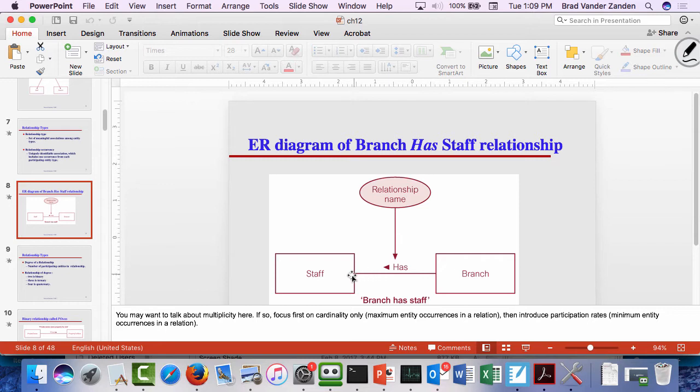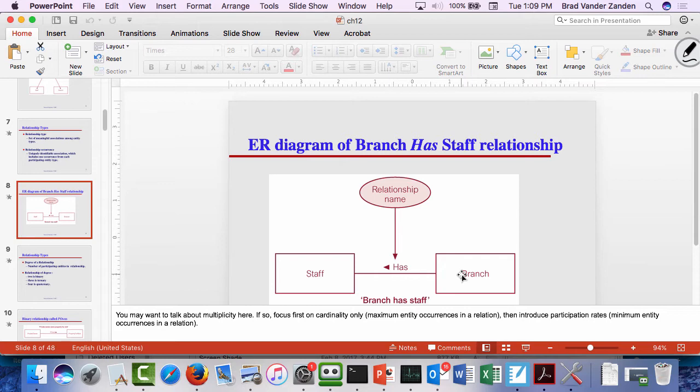For example, if I drew the arrow from staff to branch, then I would be more likely to say staff belongs to or staff is employed by. Those aren't as active. I'm having to use multiple words to describe that relationship: staff belongs to branch or staff is employed by.